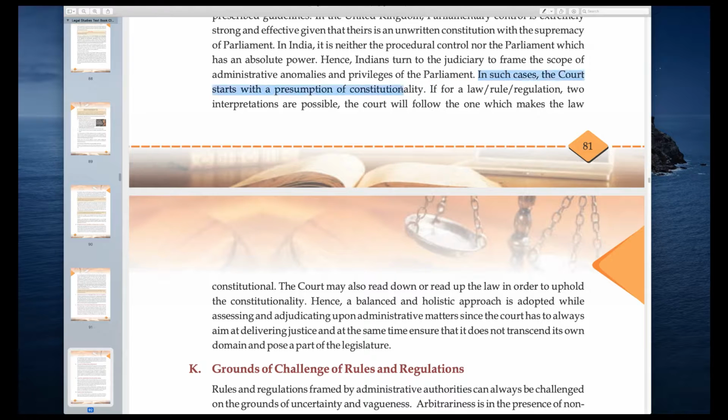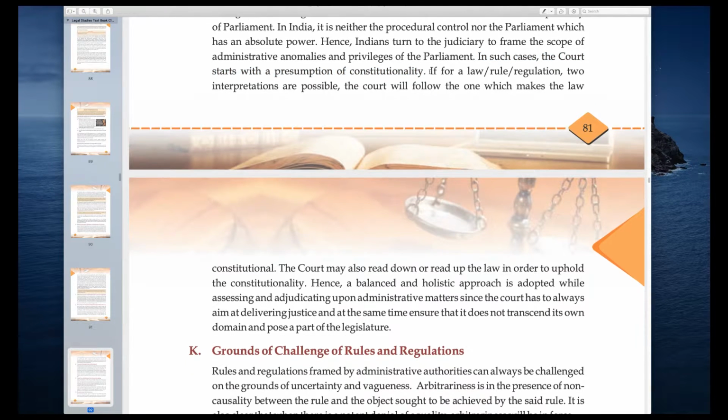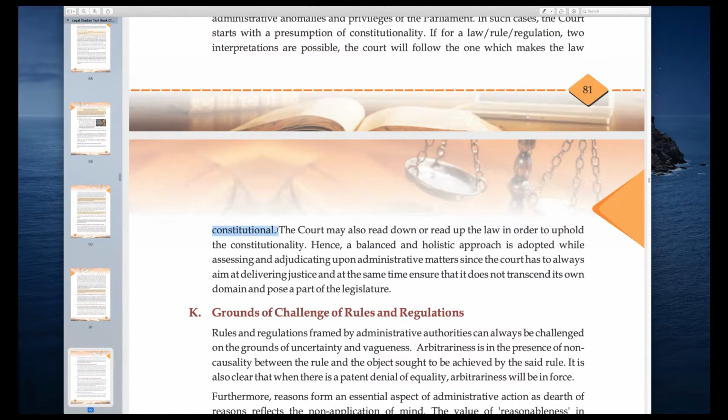In such cases, the court starts with a presumption of constitutionality. Okay, it will be clear once I read the next sentence. That is, if for a law, rule, or regulation two interpretations are possible, the court will follow the one which makes the law constitutional. See, everything is talking about constitutionality.